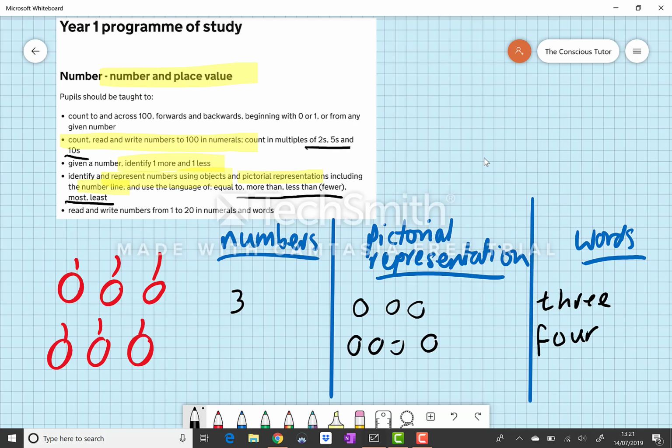And that is all the way up to number 20. So children need to be able to read and write numbers up to 20 and represent that pictorially and in words and in numbers.